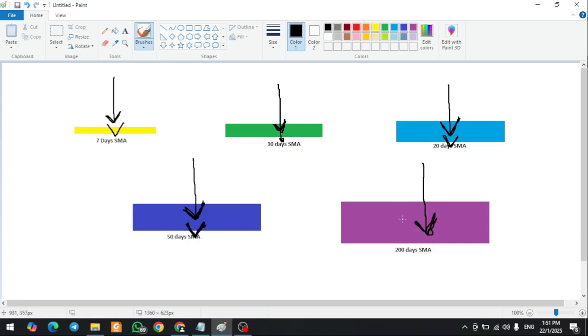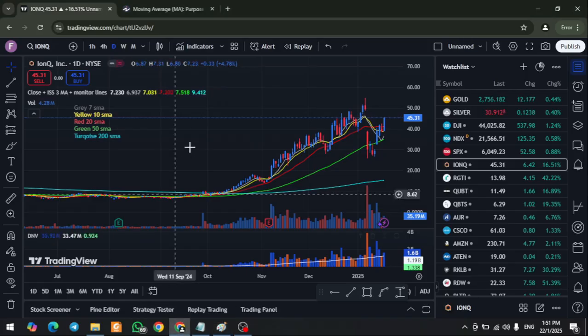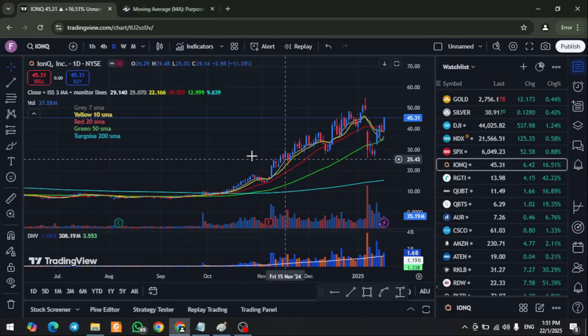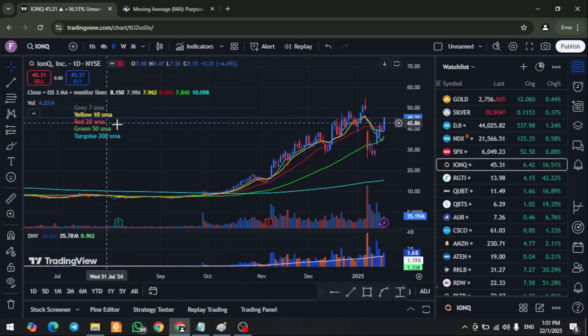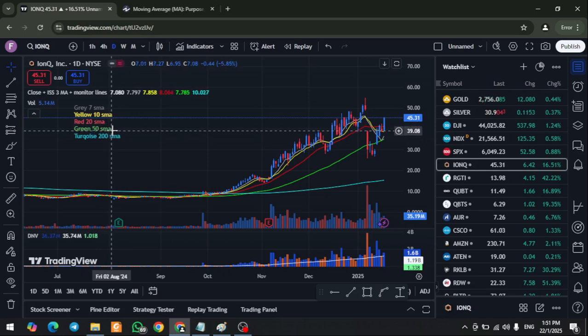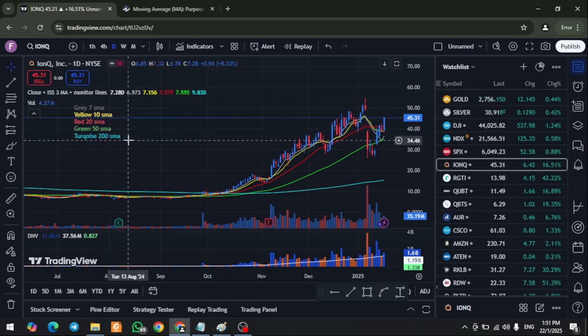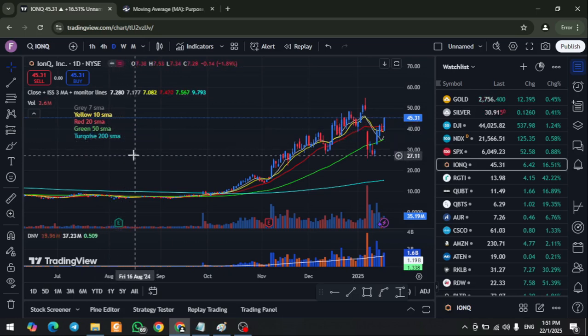It's very hard to break, but with very high force it eventually breaks. So this is the line on the chart. As you can see here, the gray one is 7 days moving average, yellow is 10, red is 20 SMA, green is 50 SMA, and turquoise is 200 SMA.